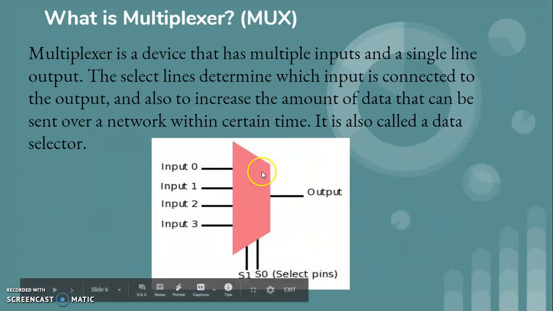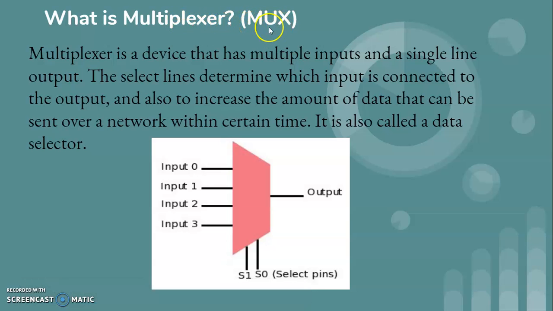So first we will see what is a multiplexer. Multiplexer is also known as MUX. So multiplexer is a device that has multiple inputs and a single line output. The select lines determine which input is connected to the output, and also to increase the amount of data that can be sent over a network within certain time.